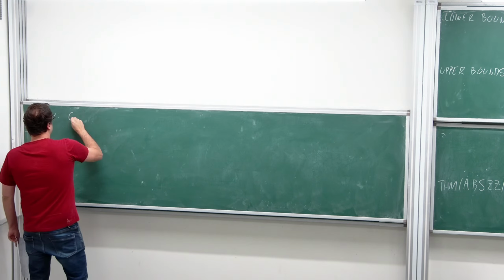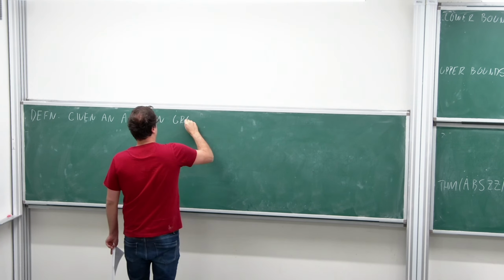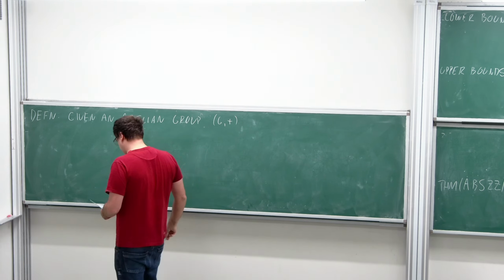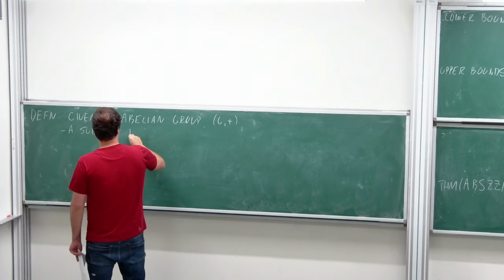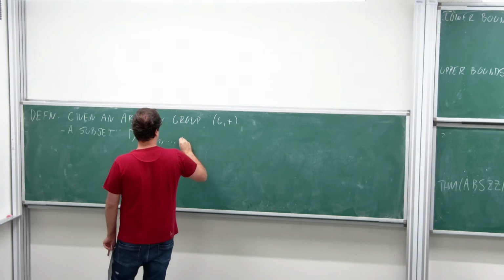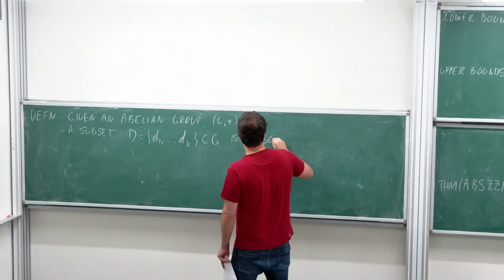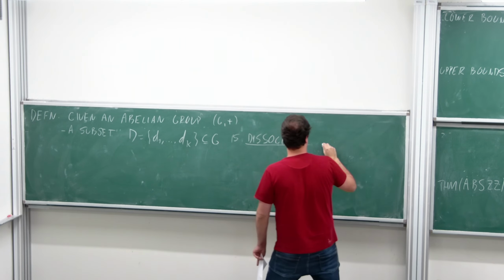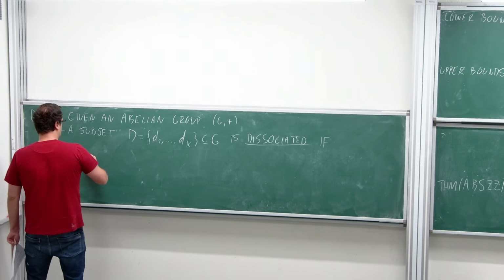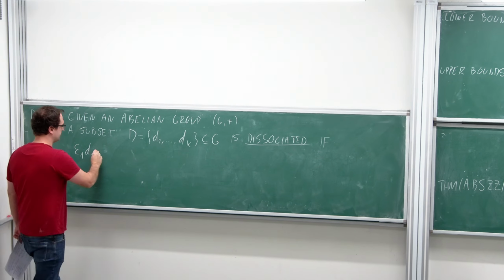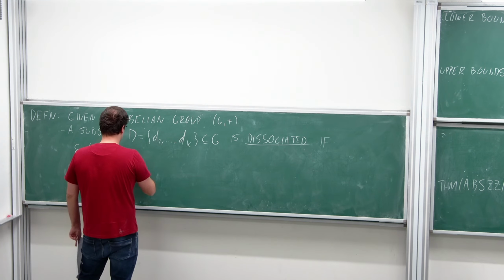So, as I said, in order to tell you a little bit about this additive stuff, I need another definition. If you're given an abelian group G with the operation being plus, we say that the subset D, let's denote its elements as d_1 up to d_k, of the group is dissociated if you don't have any non-trivial linear combination of these elements using just plus minus 1 and 0.